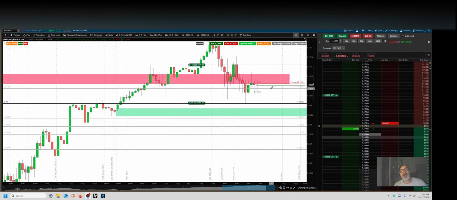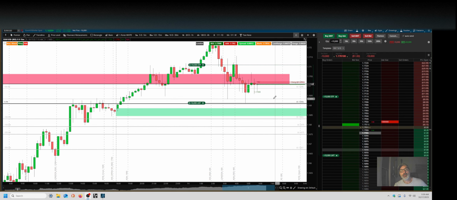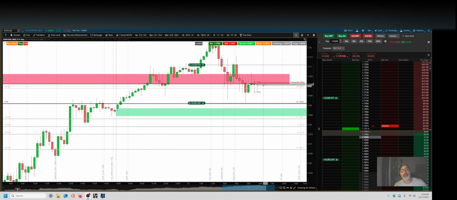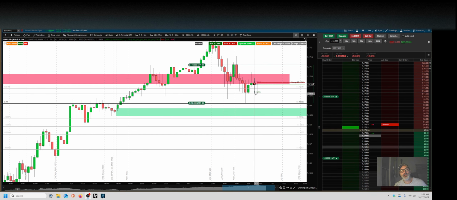All right, so we're back and we got another candle print, and buyers may have a little advantage here, but still we're making lower highs and we're making lower lows. All right, so let's see how this candle plays out. I'll come back.